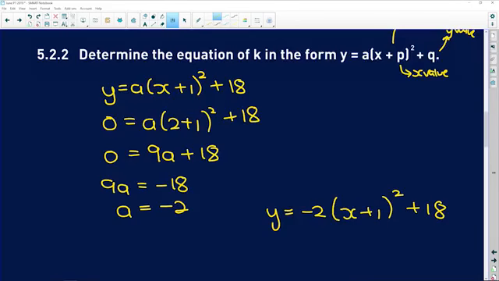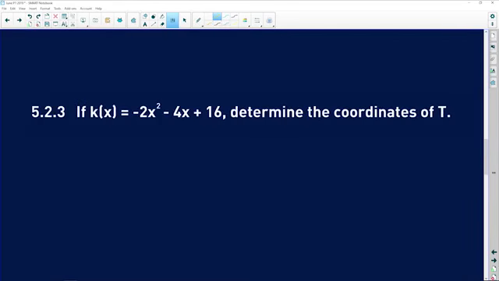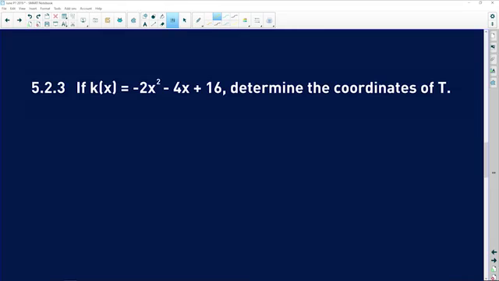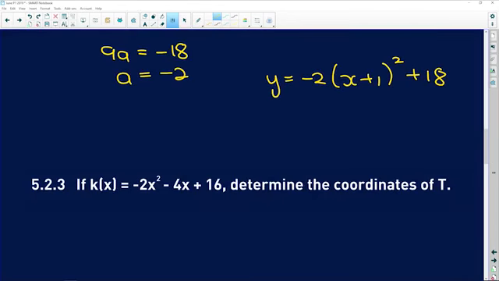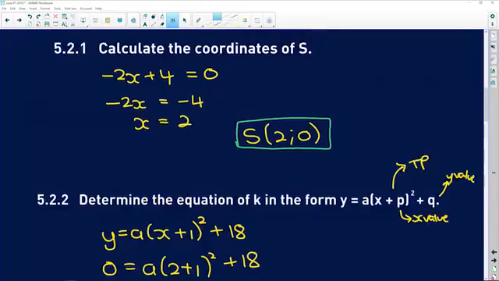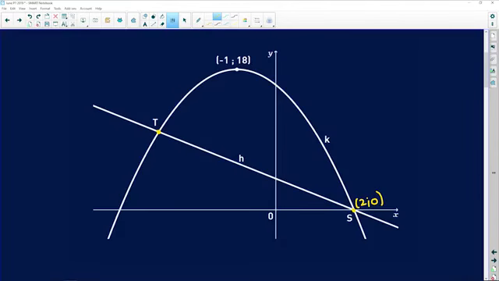Okay. Next question, 5.2.3. If k of x is equal to, okay, so basically this equation is just this one expanded, okay. Determine the coordinates of t. Now t, if we take a look, was the other intersection, okay. So guys, the moment you have a point of intersection, you equate the two equations.